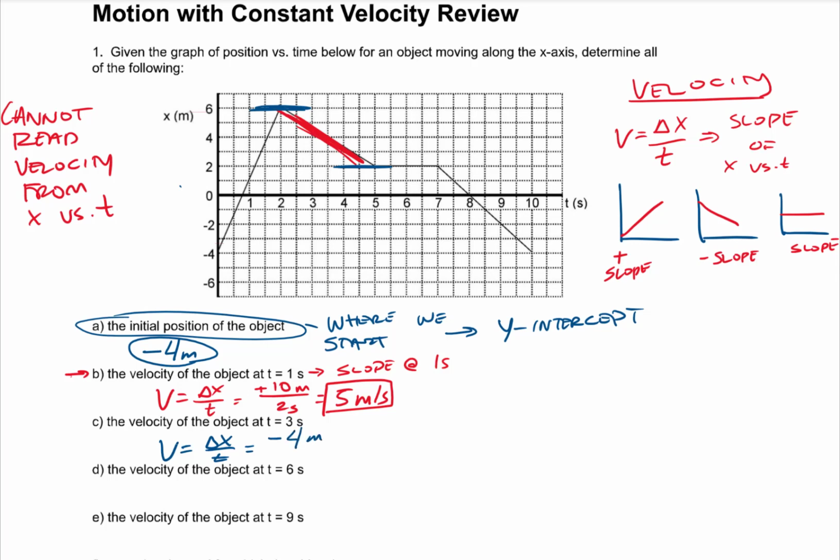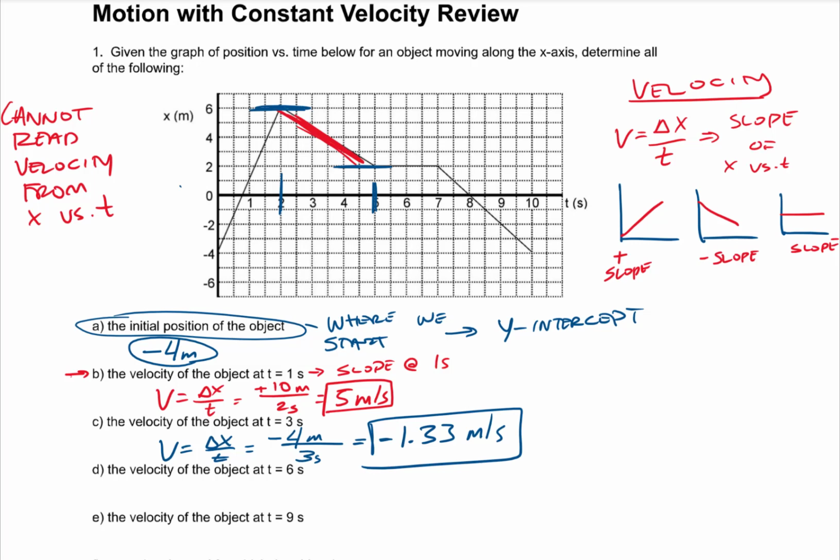I start off at 6, I have to go backward 4 meters in order to get to 2. And that motion takes me from 2 seconds to 5 seconds, so 3 seconds. So my velocity there is -1.33 meters per second. And it's a good thing that it's negative because that's a negative slope. It needs to reflect that negative slope.